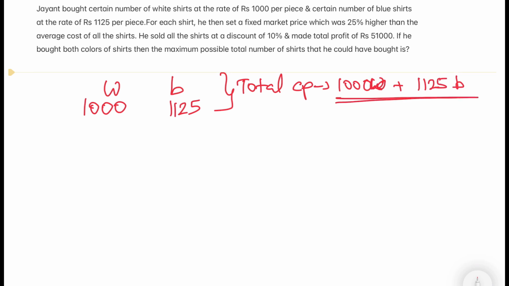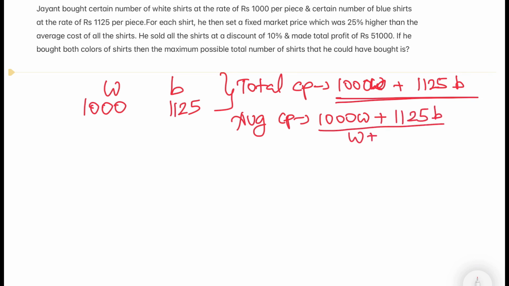For each shirt, he then set a fixed market price 25% higher than the average cost of all the shirts. What he's doing is he's marking up the price of all the shirts by 25% higher than the average cost of all the shirts. So the average cost of all the shirts is the total cost upon the number of shirts. So the average cost price per shirt will be 1000 into W plus 1125 into B divided by total number of shirts W plus B. On this, he is applying a markup of 25%.